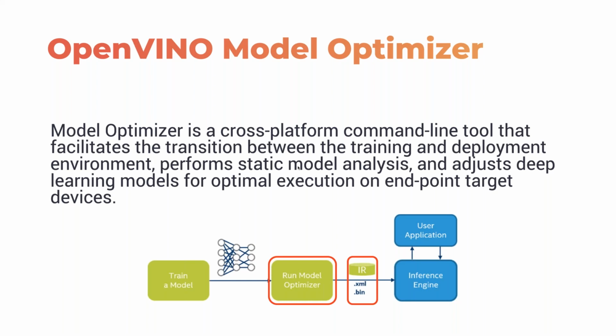That's the second step of what the model optimizer does. It analyzes the original data type, which is typically FP32, and converts that model to a data type that is more optimized and aligned with your edge environment, which is FP16 or int8.